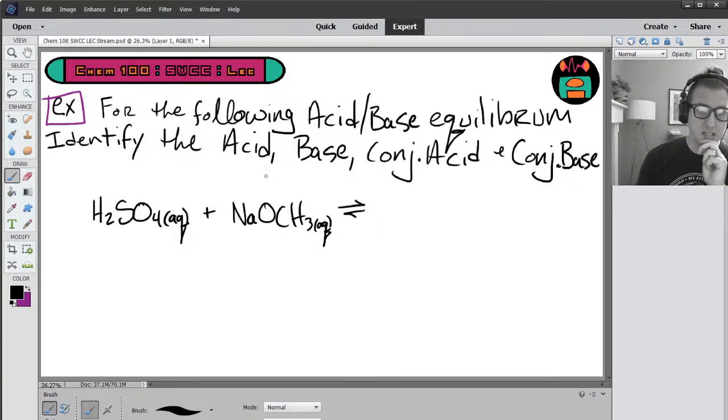So sulfuric acid is reacting with a molecule called sodium methoxide.